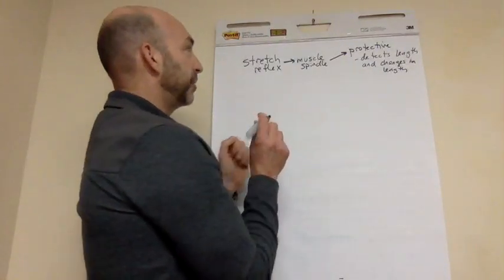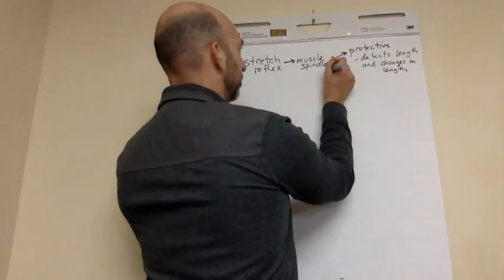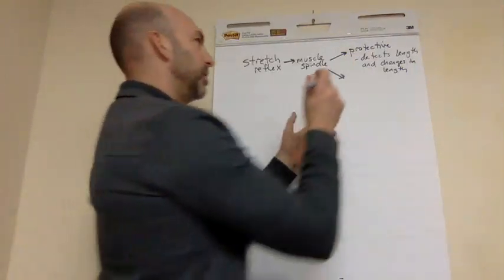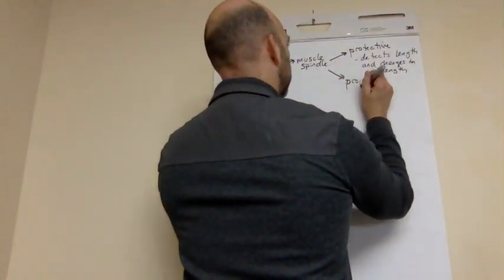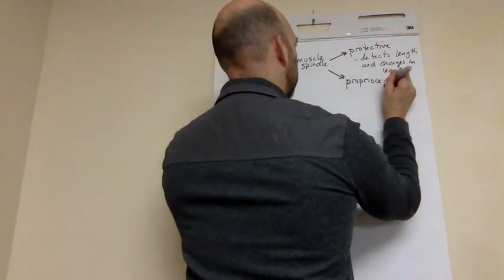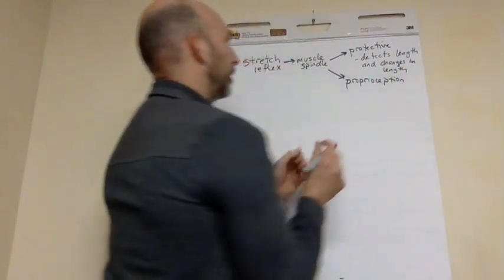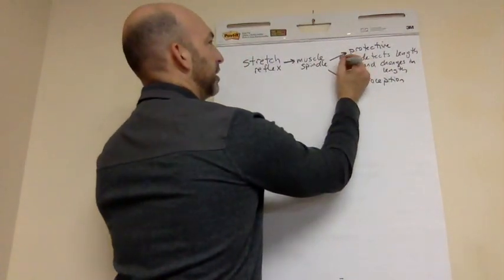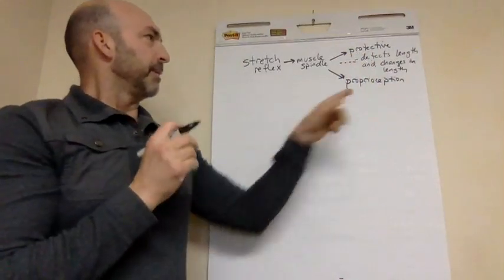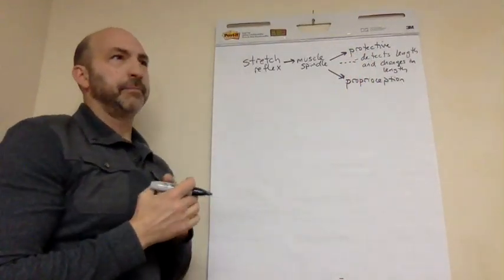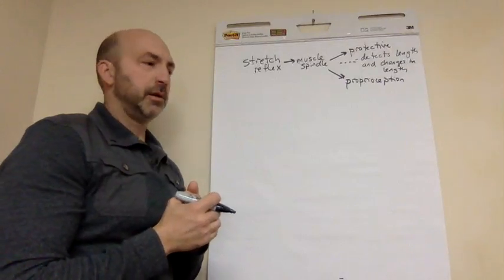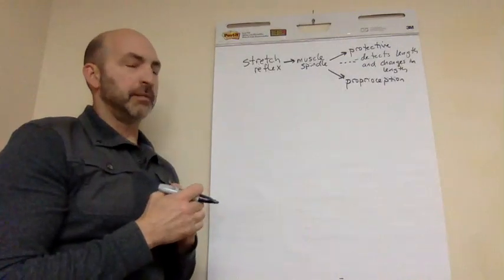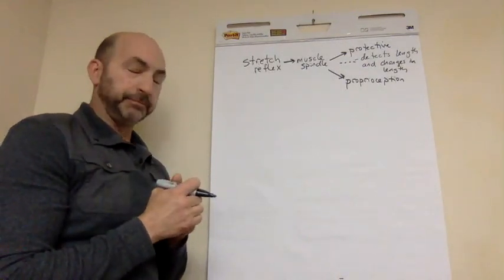The other function of the muscle spindle falls under a category we'll call proprioception. Right, and so this could fit in the middle here. Proprioception is basically awareness of self, and there are a lot of other receptors involved in this, but the muscle spindle is one of them.